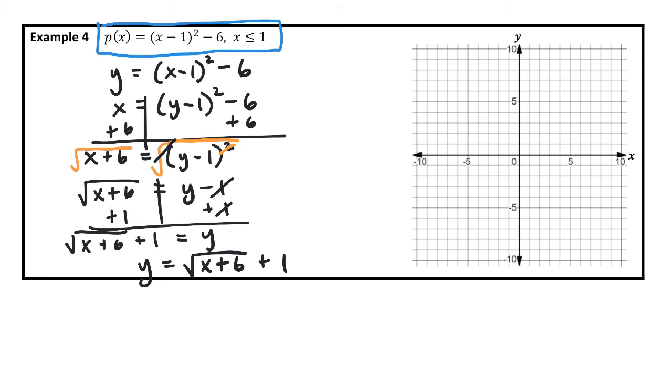And then write it in inverse notation. So p inverse of x equals the square root of x plus 6, and then plus 1 is outside. Okay, and so this is my inverse.